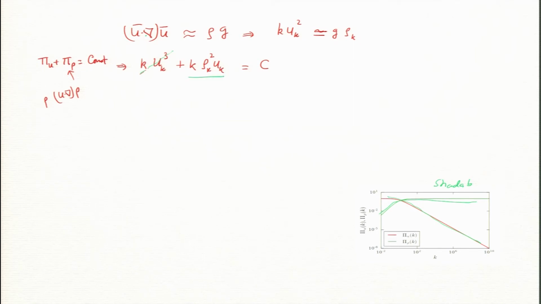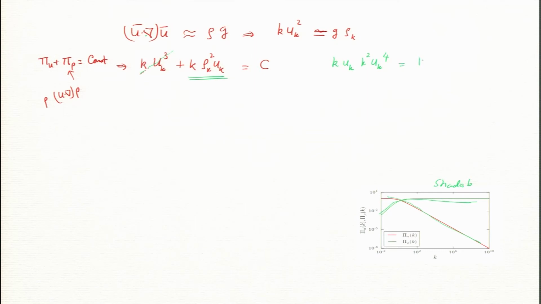So, if I just keep this rho k squared uk, now I just substitute rho k from here. So, what will I get? K uk and rho k squared will be, I will forget g, to make my life simple. So, it is going to be k squared uk to the 4, correct?